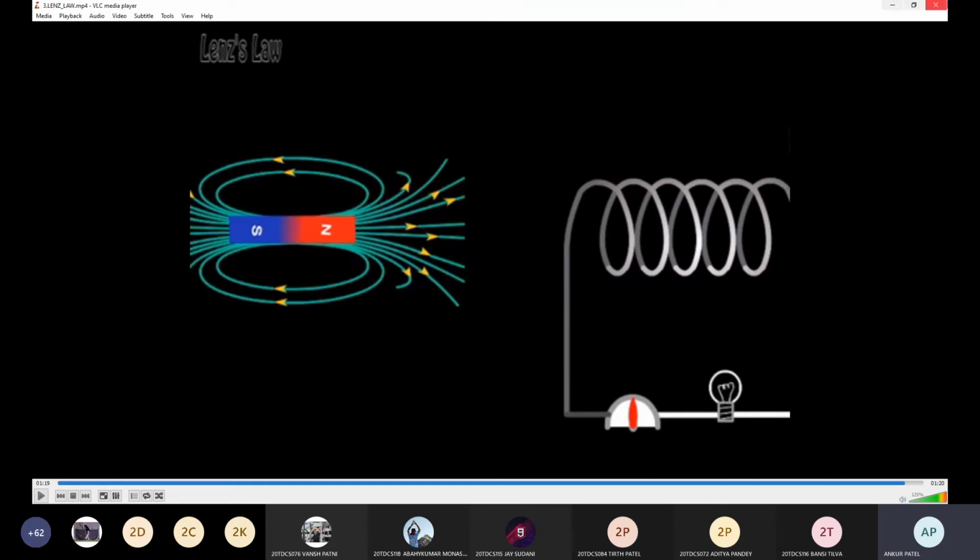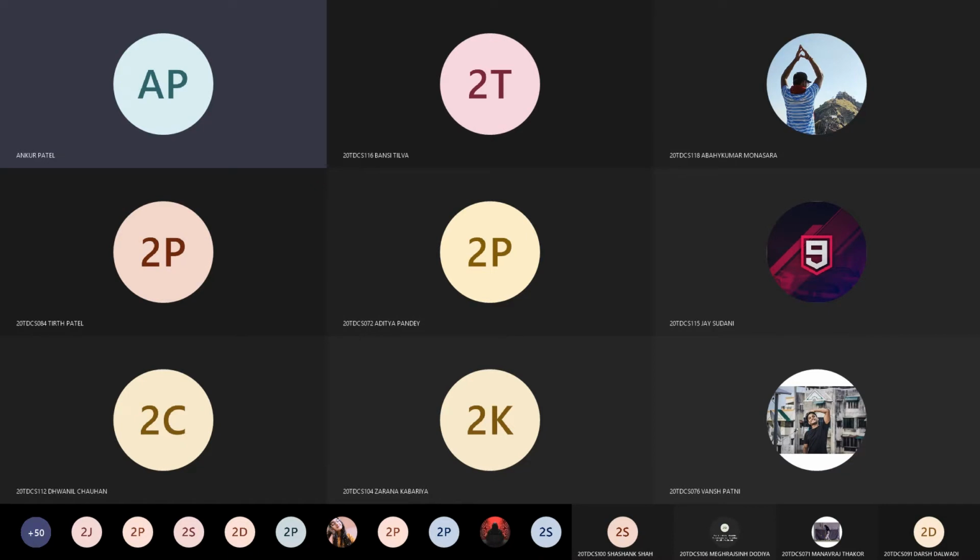According to Faraday's law of electromagnetic induction, what arrangement do we need? First, we need a conductor or coil. Second, we need a magnetic field or flux. And third, relative motion between the magnetic field and the conductor. Accordingly, we can generate the EMF, and further it causes the current in the circuit.